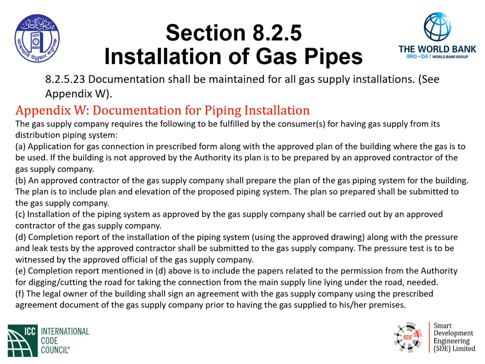Item F, the legal owner of the building shall sign an agreement with the gas supply company using the prescribed agreement document of the gas supply company prior to having the gas supplied to his or her premises. So as can be seen in items A through F, this is the documentation. These are specific requirements for piping installation.